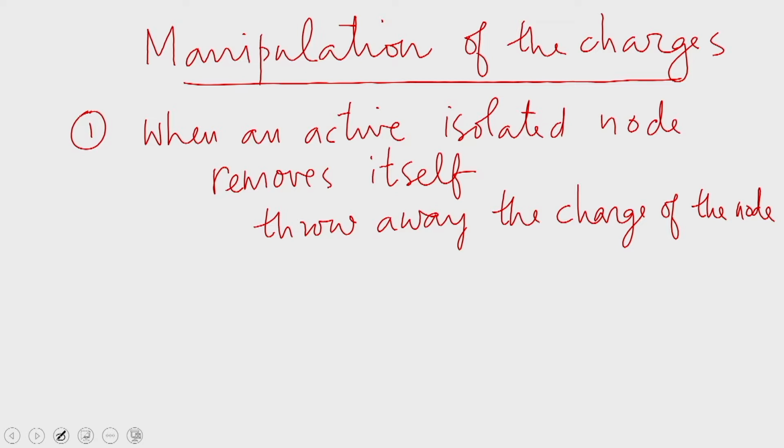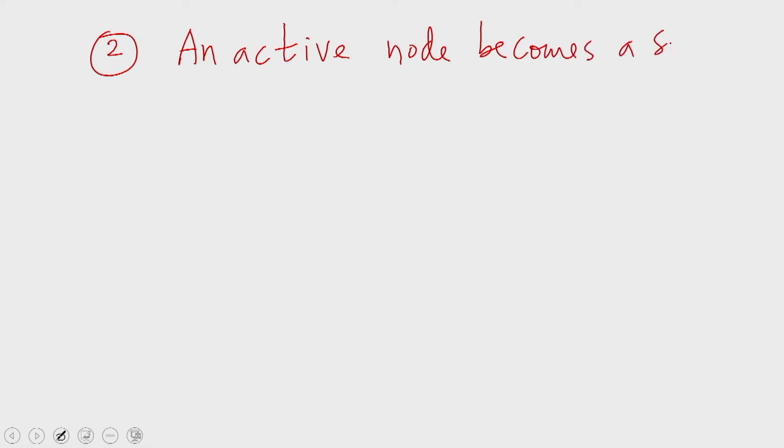The second kind of charge manipulation is done when an active node becomes a subject. When an active node becomes a subject, let us say we throw away half of its charge.